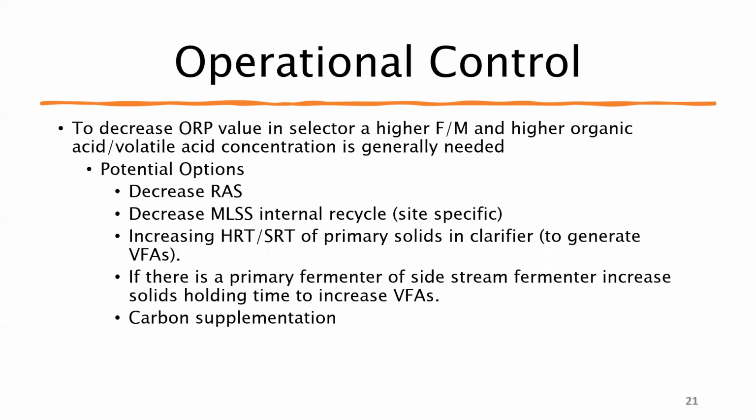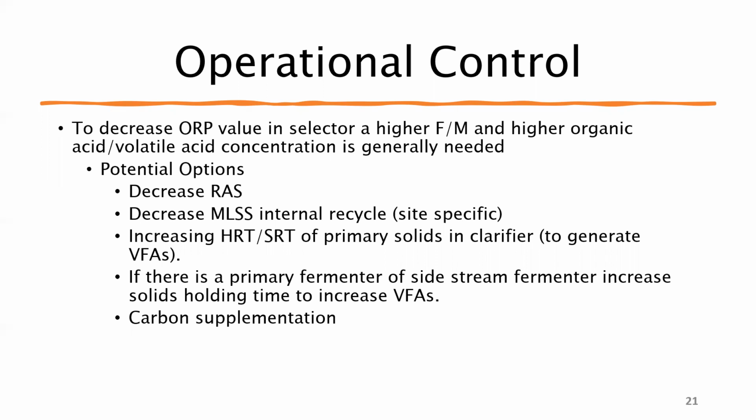If there's an internal recycle flow, MLSS, you could decrease that. That's going to make the strength of the waste in the selector higher, to make it more septic and a lower ORP value. And then you can also supplement carbon. So basically giving it more food to drive that F to M higher, to drive the ORP lower.